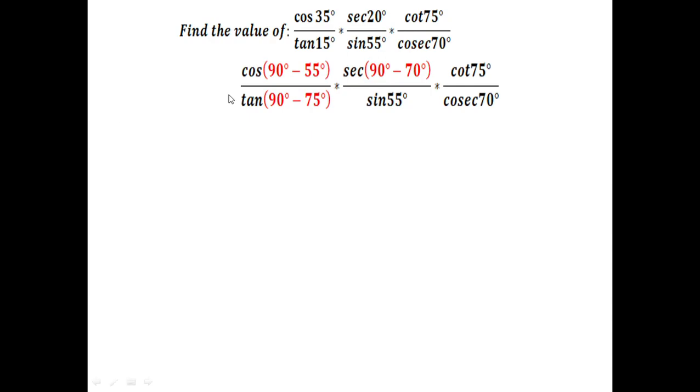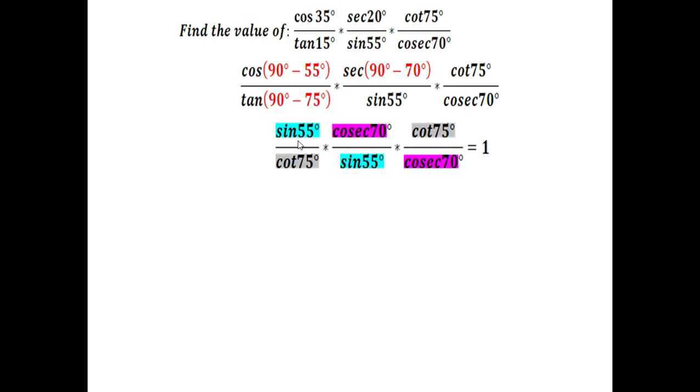And instead of writing sec 90 minus 70, we can write cosec 70. Thus, our expression will become sin 55 by sin 55, cot 75 by cot 75, and cosec 70 by cosec 70. So you could see that all the ratios will cancel and finally we get the answer 1.